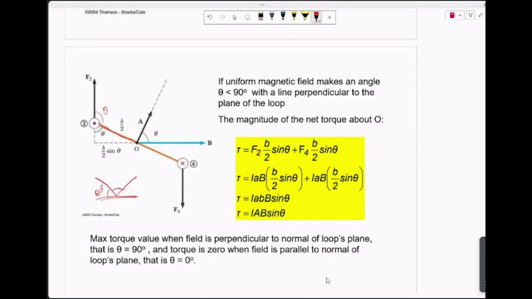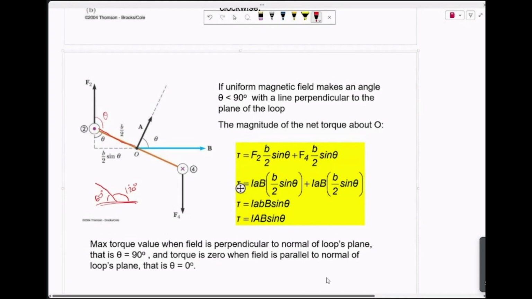So then this one is going to be 120. So sine of 120 and sine of 60 degrees are going to be the same. So if you look at here, the angle between F and B should be this one, but it's also going to be the same if you take that one as well.